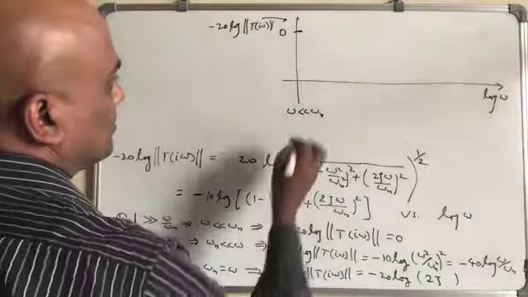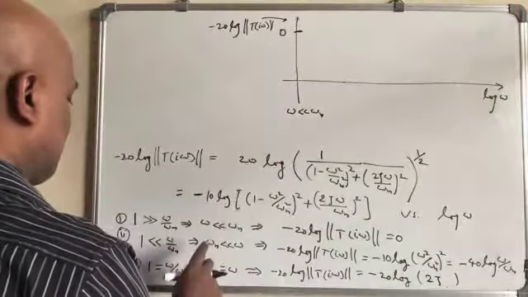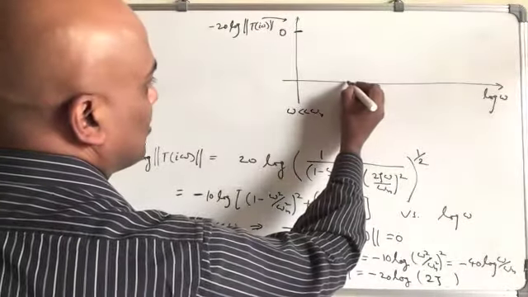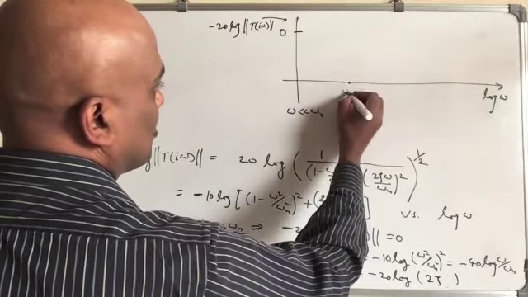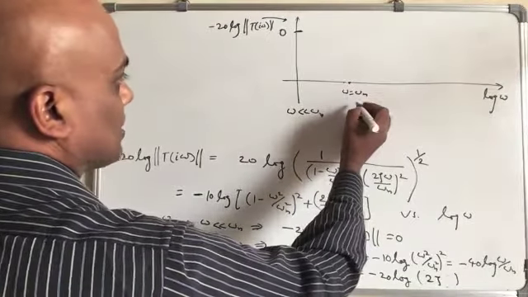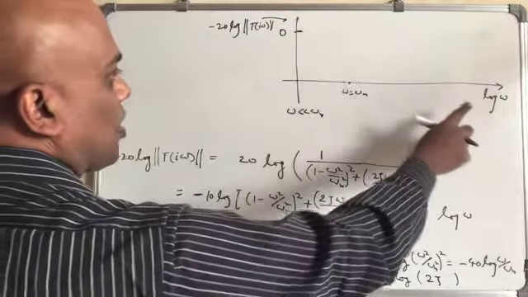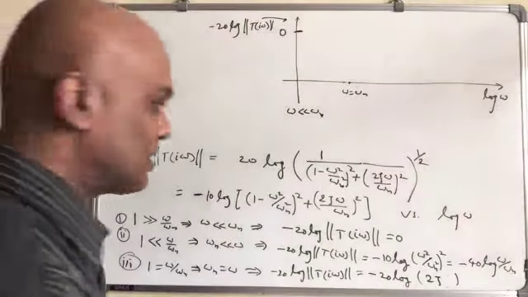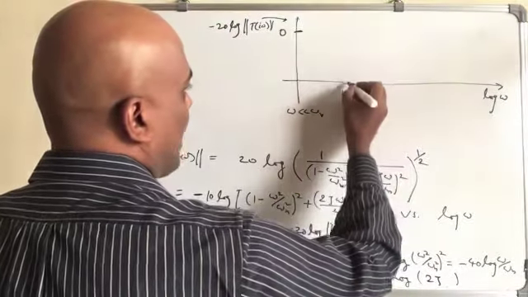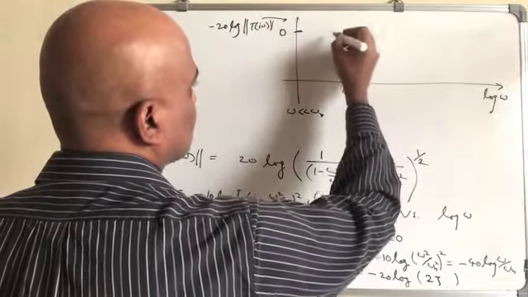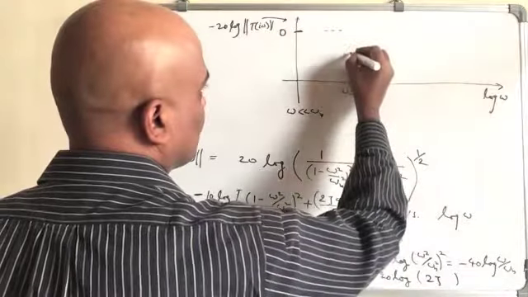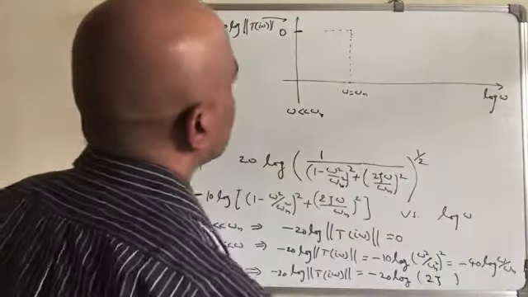Then somewhere we have omega equal to omega n, and that really means log omega over omega n equals 0. At this point we get this, so let's have it like this.